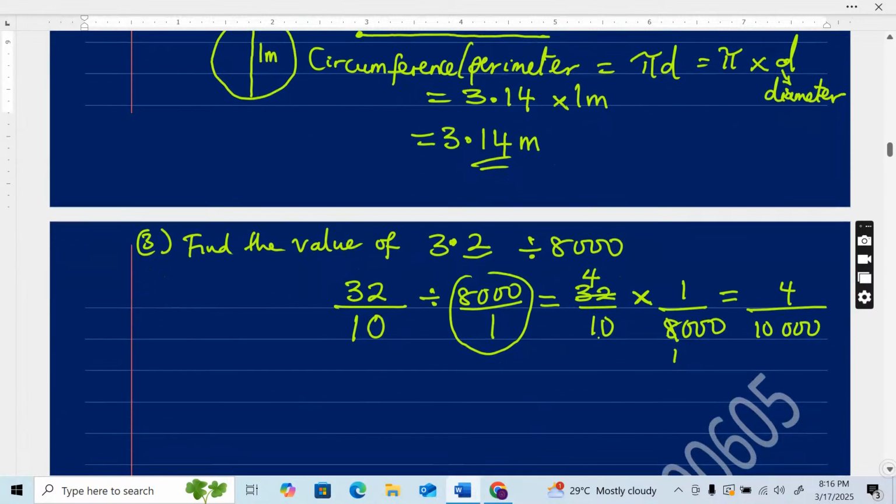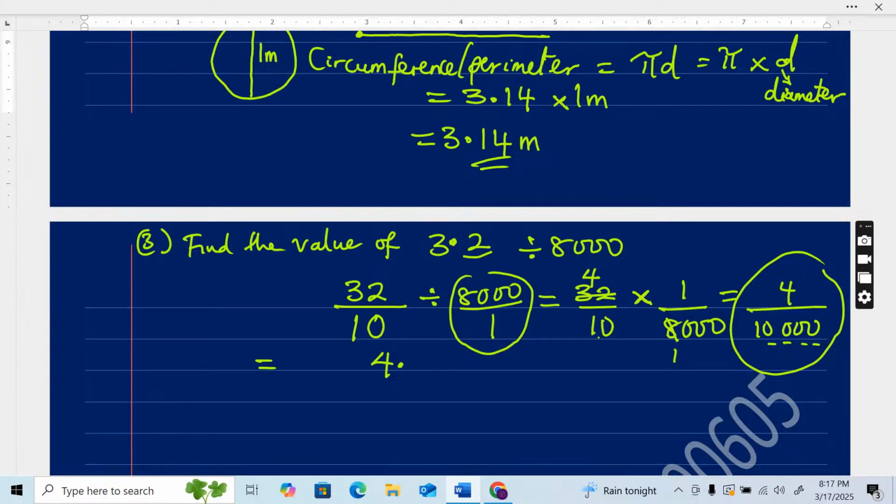Now we have to write this as a decimal. Pay attention. Write down your 4. 10,000 has 4 zeros. Now, when dividing by powers of 10, you count from the decimal point to the left. We don't have a decimal point beside 4, so place a decimal point right here and count 4 places to the left because we are dividing.